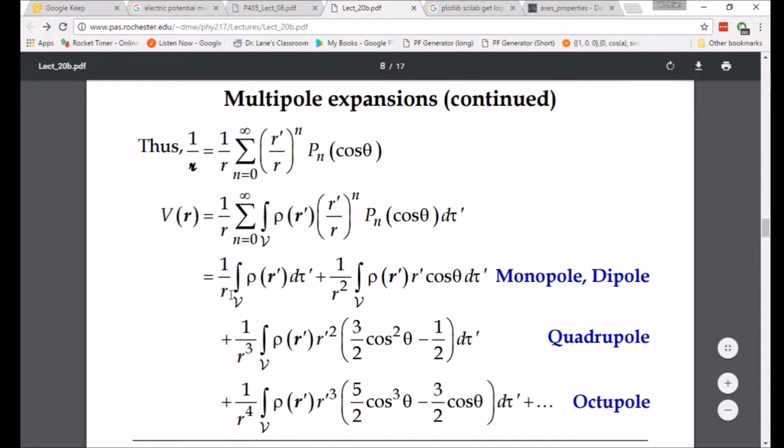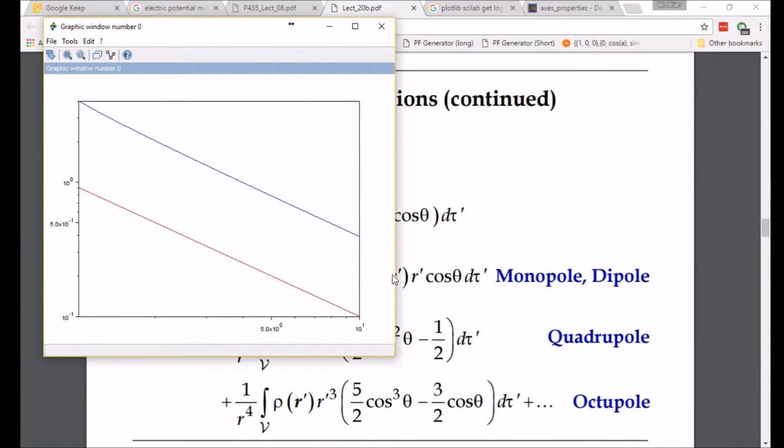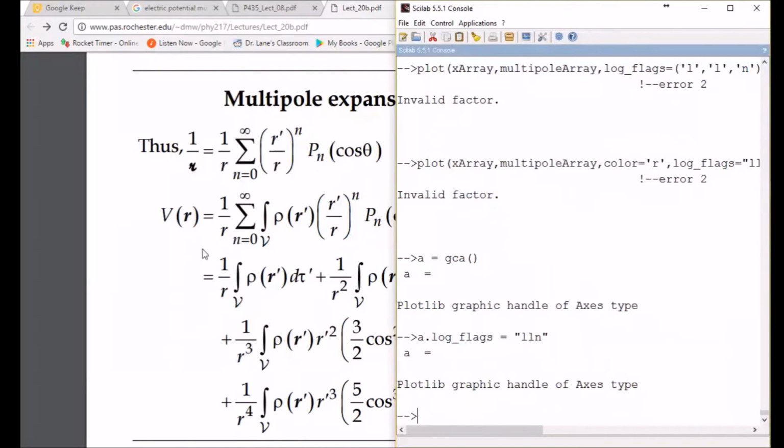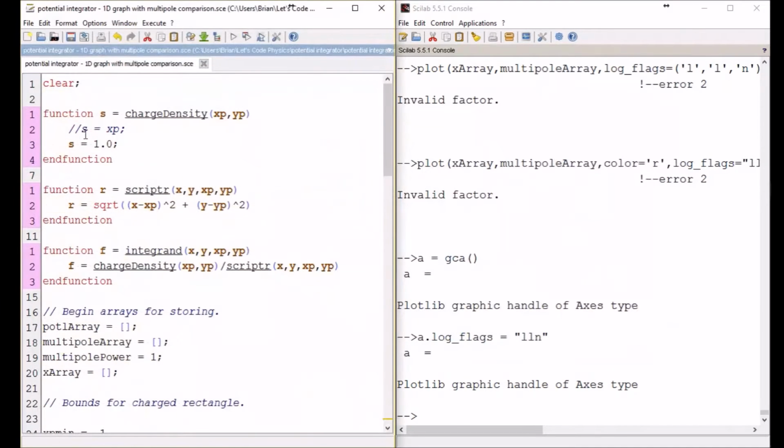So if they're both behaving like this monopole term, that means that this is the dominating term in the multipole expansion, just like you would expect. So we are getting results like we would expect. Now the question becomes, okay, so how can you observe the dipole behavior? Well, what you need is a setup, a charge density that doesn't give you a total charge, that gives you 0 total charge. That's exactly what we have in our S equals XP setup.